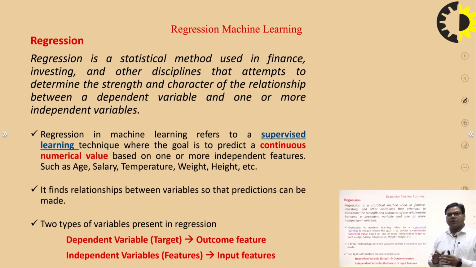If we talk about regression, as we see in the case of classification, the classes were predefined, but in case of regression, no classes are predefined. We need to figure out a continuous value.